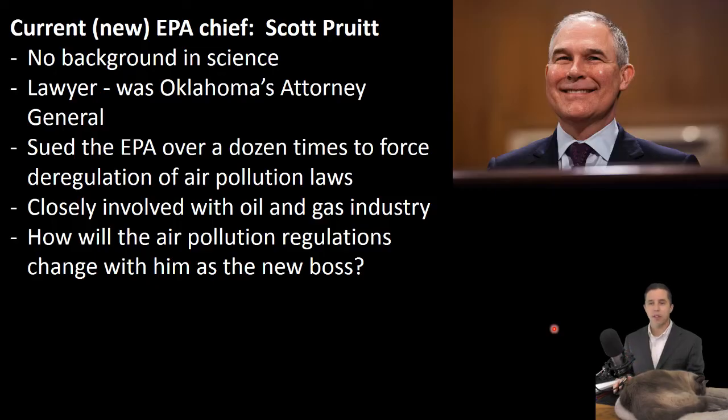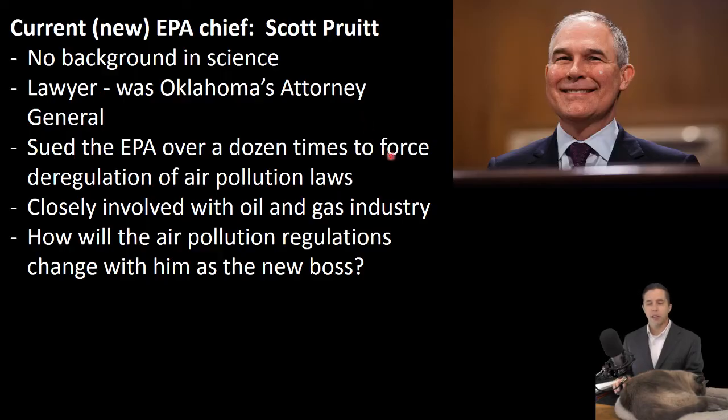One of the things that's happened is Trump has appointed Scott Pruitt in charge of the EPA. Well, Scott Pruitt has nothing to do with the environment. In fact, his background is that he was a lawyer who was suing the EPA prior to this on behalf of oil and gas companies.